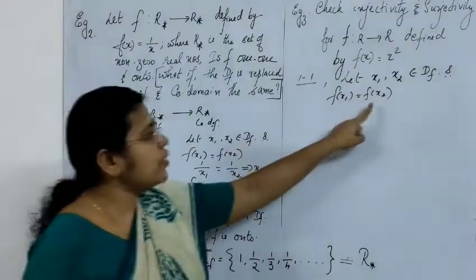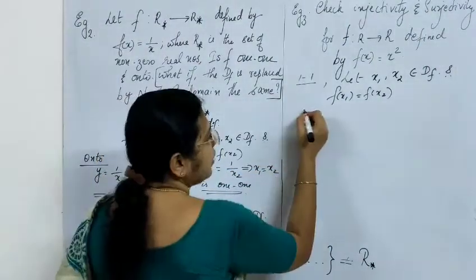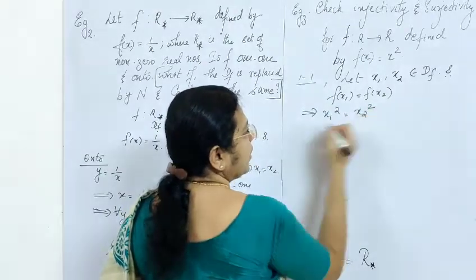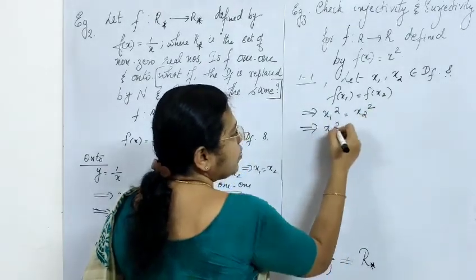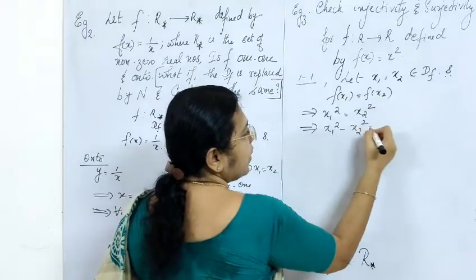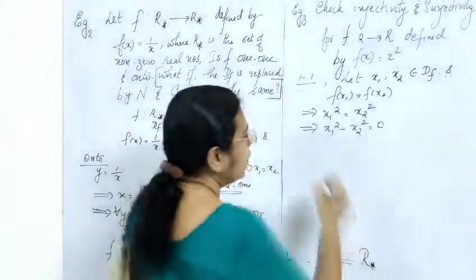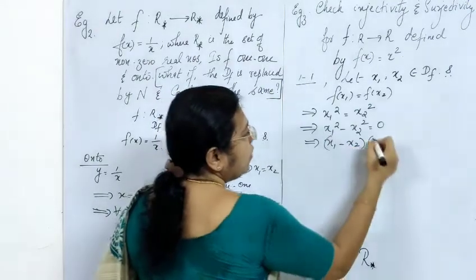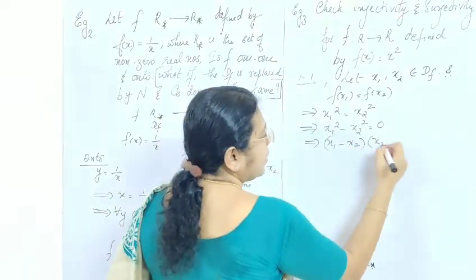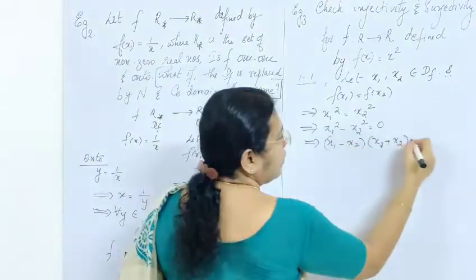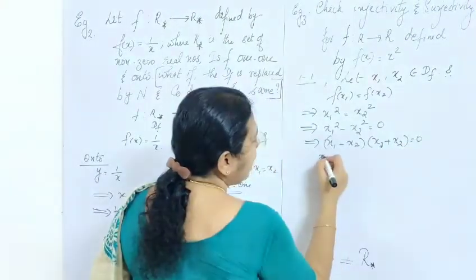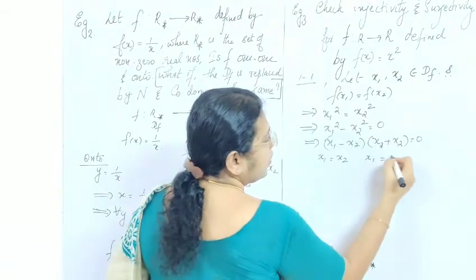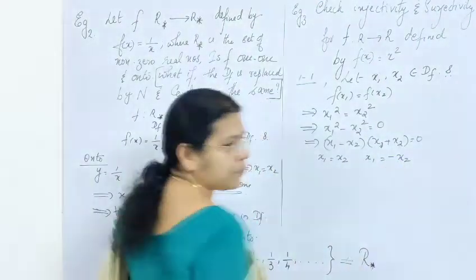Now here f of x1 equals f of x2 implies what? x1 square is equal to x2 square, right? Which implies x1 square minus x2 square is equal to 0. This implies (x1 minus x2) into (x1 plus x2) is equal to 0. Now from this I have x1 is equal to x2 and from this I have x1 is equal to minus x2.